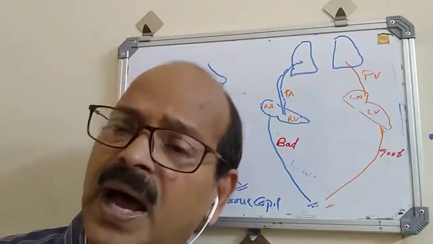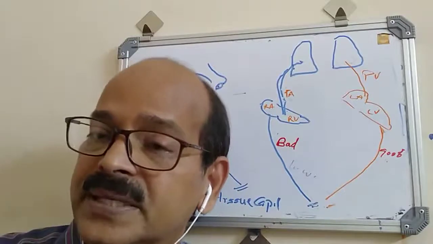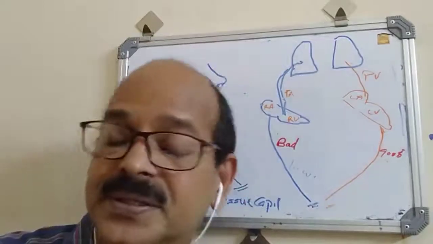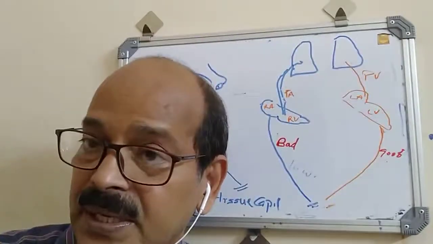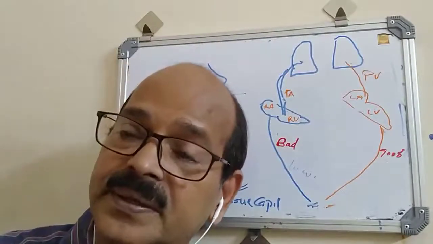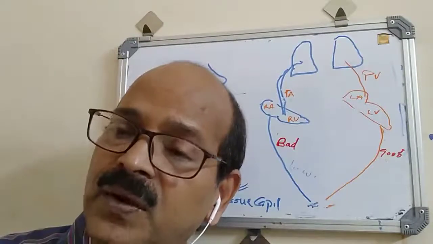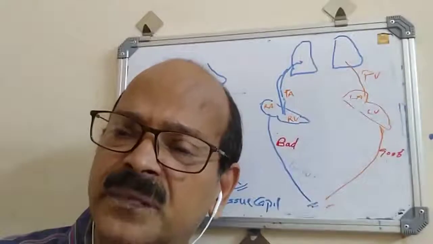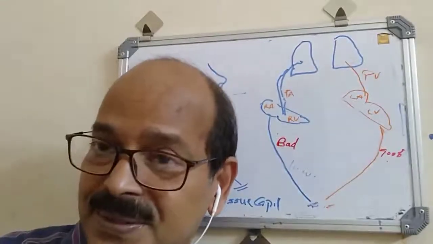The other Fallot-like things, as I said, are double outlet right ventricle, single ventricle with PS, and occasionally TGA, VSD, PS. All these are Fallot variants. It may not be easy to differentiate them by clinical examination.